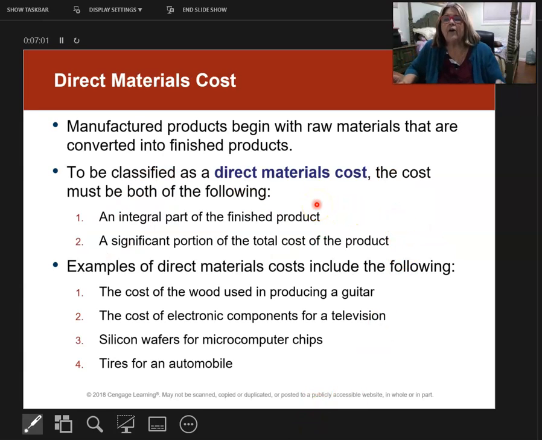So here's how you know if it's a direct material cost. Here's how to classify it. Anything that is a direct materials cost is what we call an integral part of the finished product. Without the wood, I would have no guitar, so that does become a direct materials cost. Also, it has to meet both of these conditions: a significant portion of the total cost of the product.